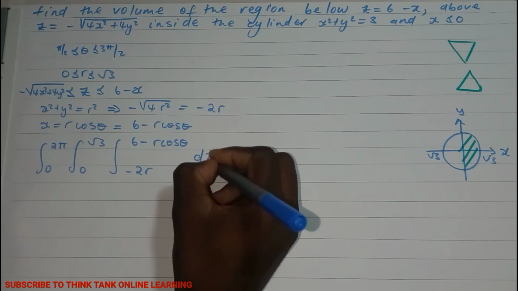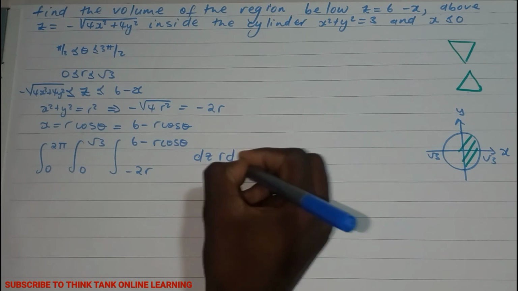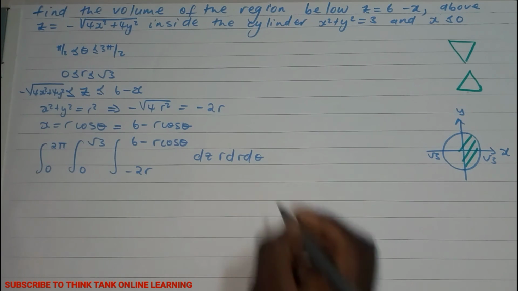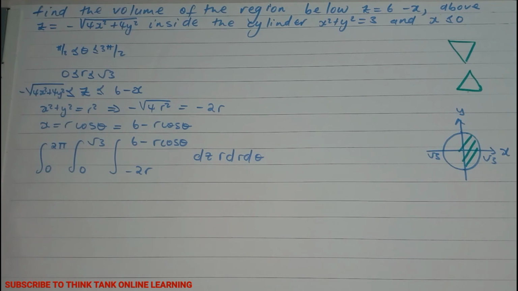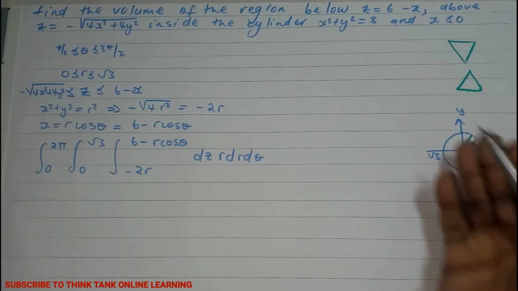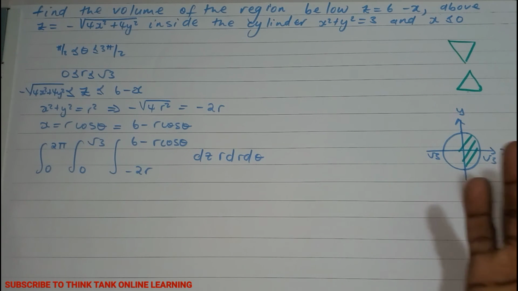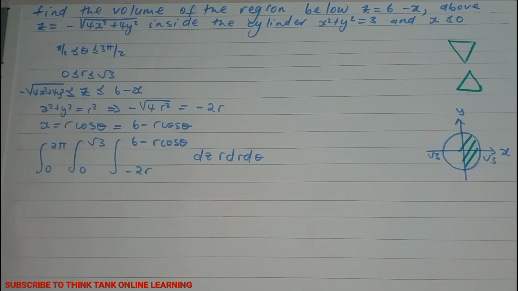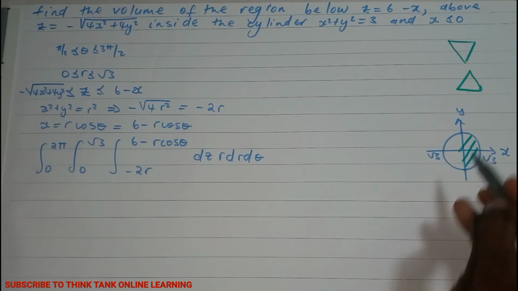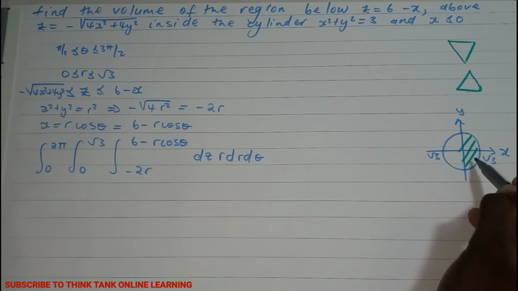Then dz dy dx becomes r dz dr d theta. Now we're going to solve a simple triple integral. This is how you can present it. There's no need to draw the graph, but if you draw it, you see what is going to happen, and you should take note of these limits.